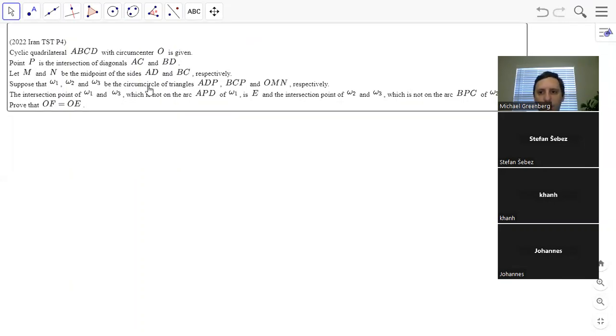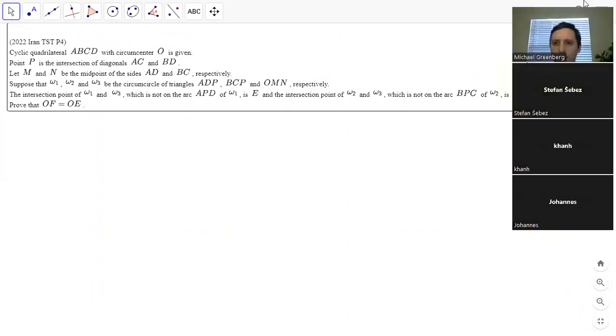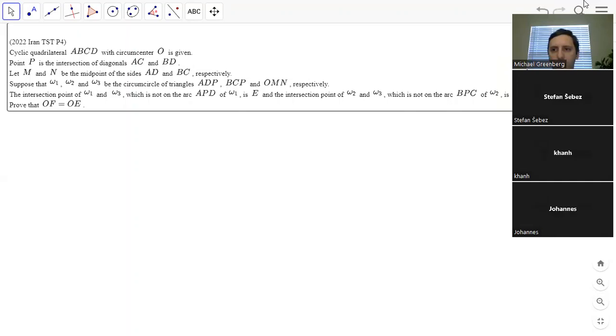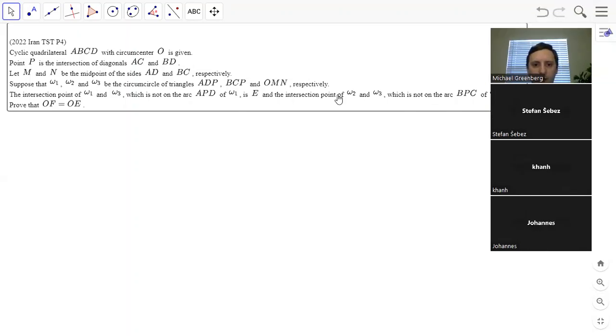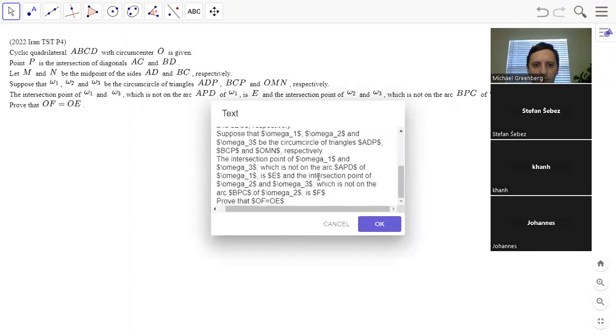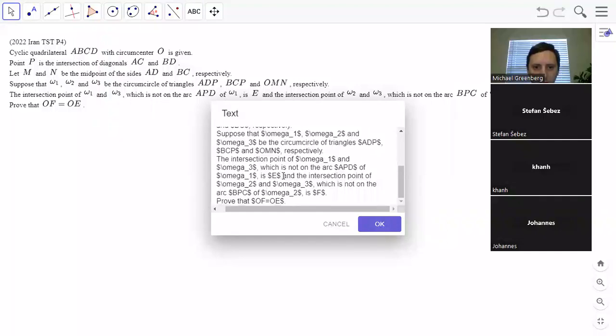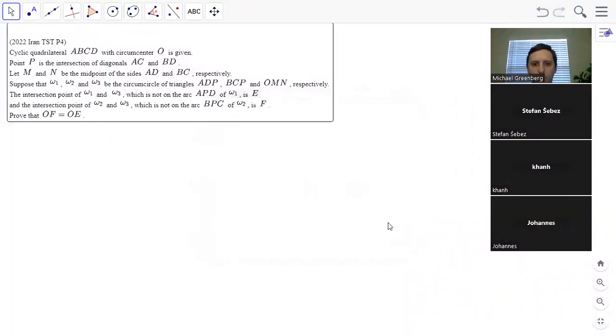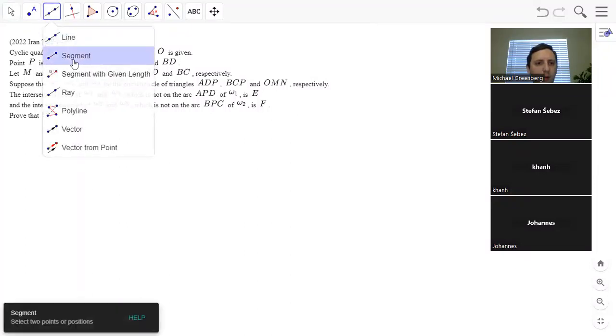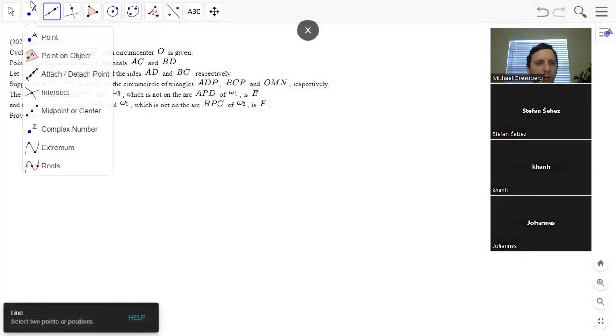This is the first problem we'll go over from the Iran team selection test. I'm using a new computer today, so we'll see how that works. Let me make the problem statement a little easier to read. All right, so we have a cyclic quad ABCD, and O is the circumcenter.